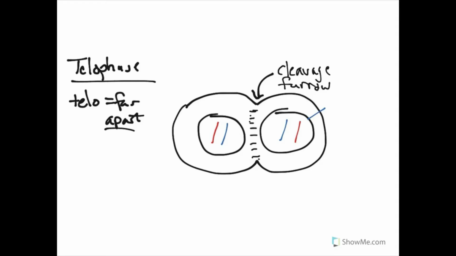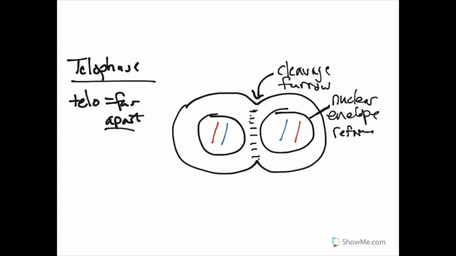Nuclear envelope reforms here, and it's going to be enclosing your chromosomes, your sister chromatids that you separated. So now that we've separated those out, we now have 2 separate cells that are ready to divide apart.